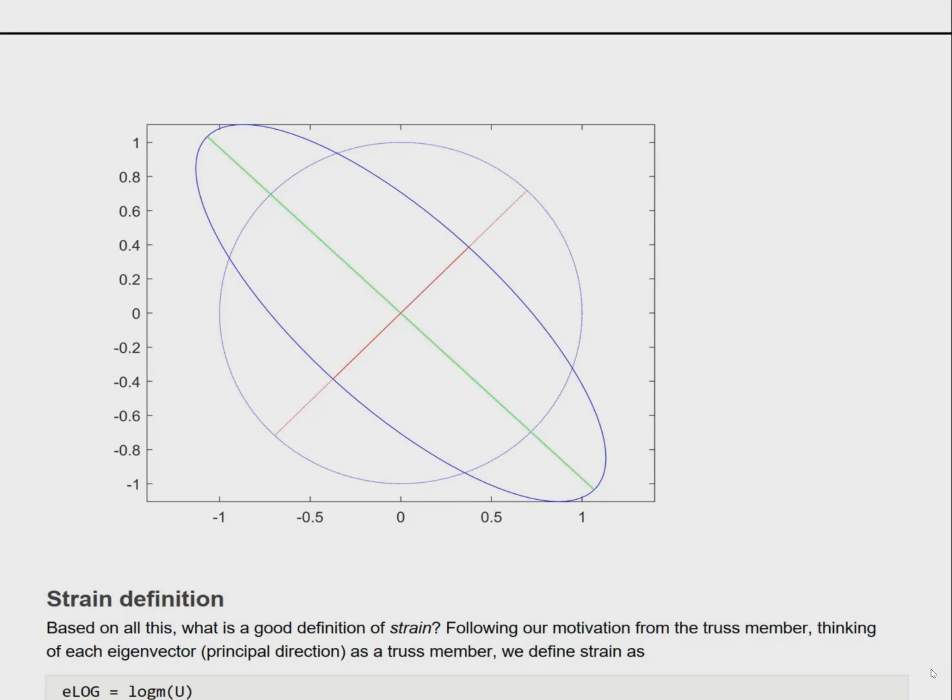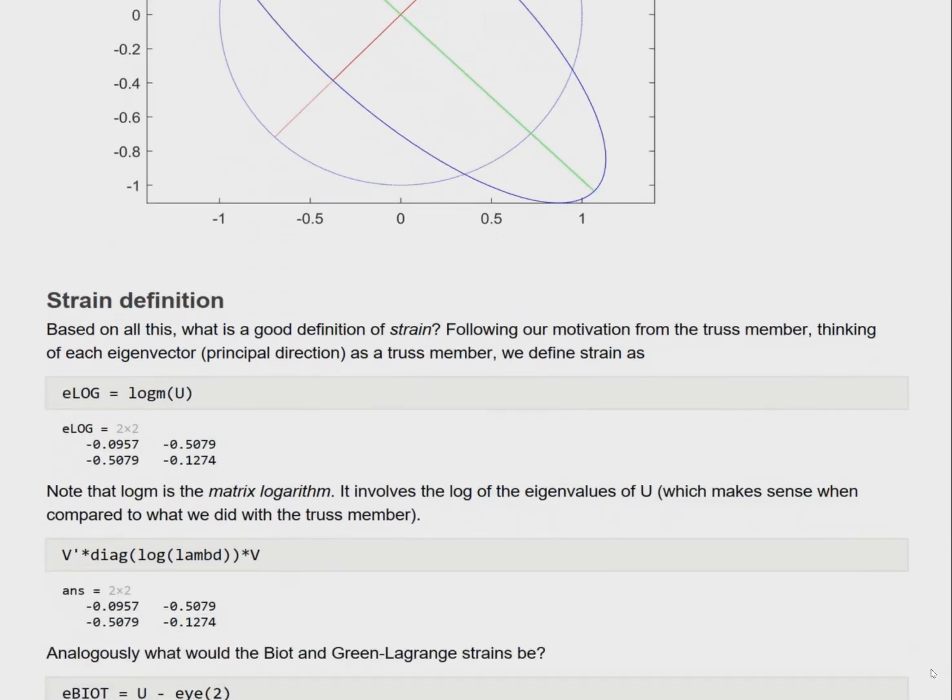For each of these special lines, we can define strain using the log function, just like we defined for the truss member. So this motivates the definition of strain in two dimensions as the matrix logarithm of the stretch matrix U. Notice that in doing so, we have taken the deformation gradient and separated out the rotation part by doing the polar decomposition.